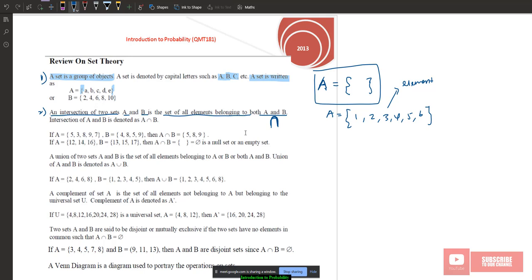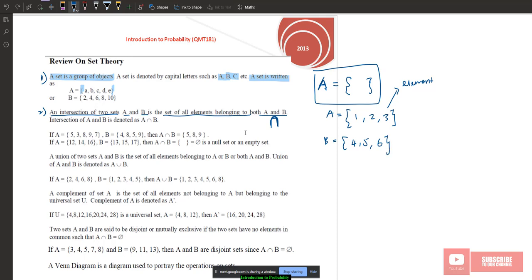Let's say we have set A equal to 1, 2, 3, and set B we have 4, 5 and 6.